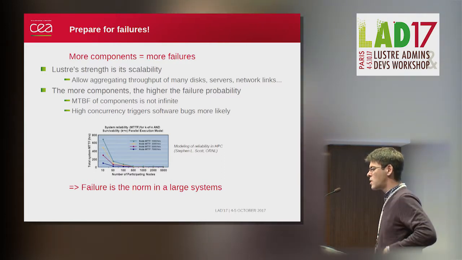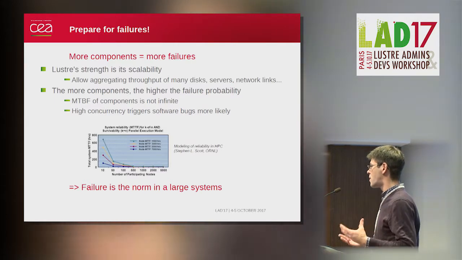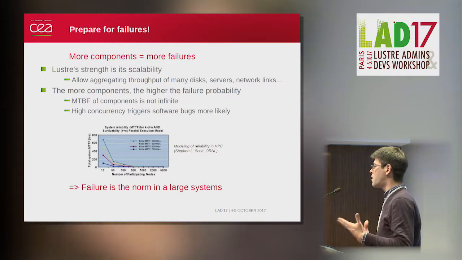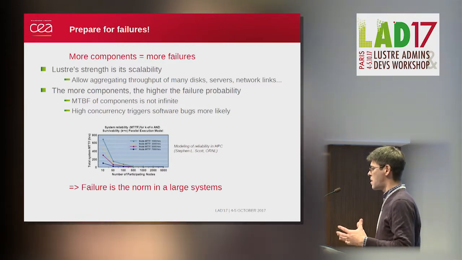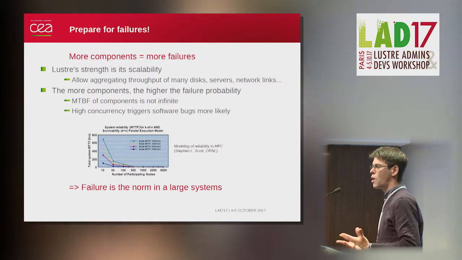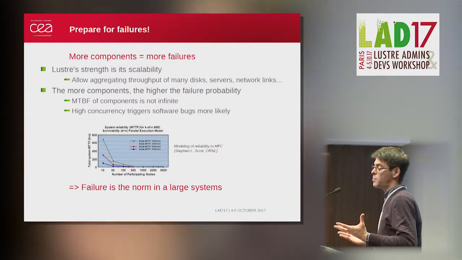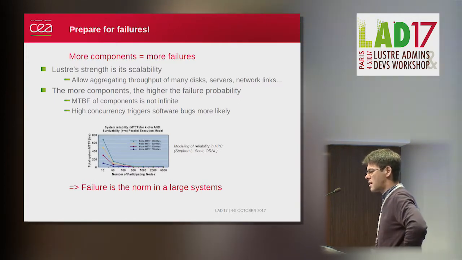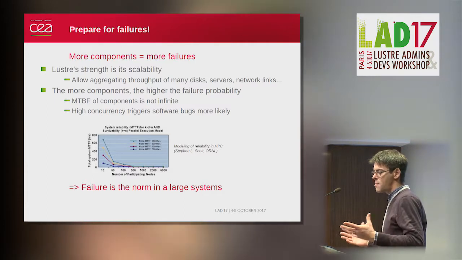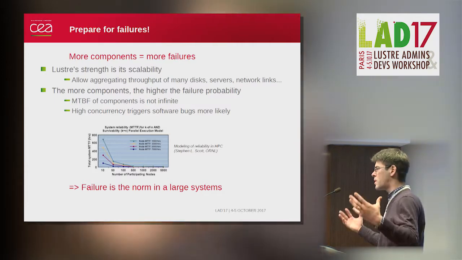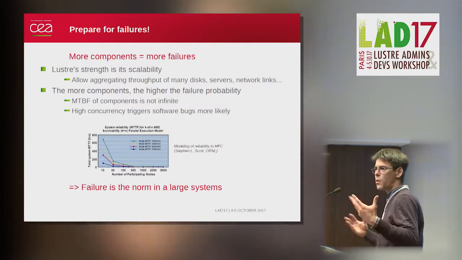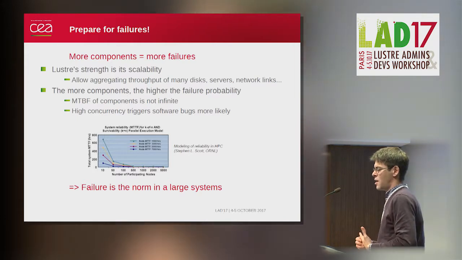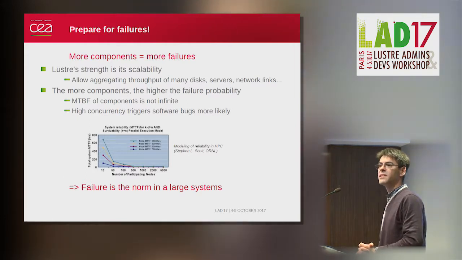So of course this modeling shows that the larger the number of nodes involved in the computation, the higher the failure probability and the lower the uptime. I guess we could do the same thing for a Lustre file system with all its OSS. The more OSS, the lower the mean time between failures.